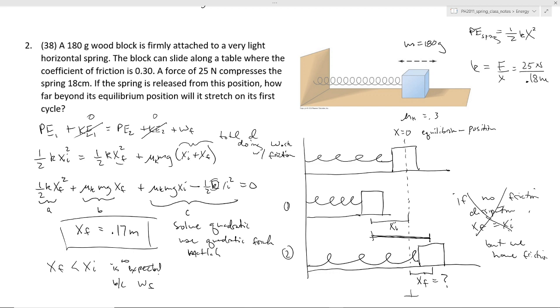So I think there is a question in the homework assignment that's very similar to this. What's the value of xi? So it's actually given to us. Yeah, so if this was on an incline, we'd have to worry about friction as well, or gravity as well. Yep. So let's see. Yeah, this xi is here.